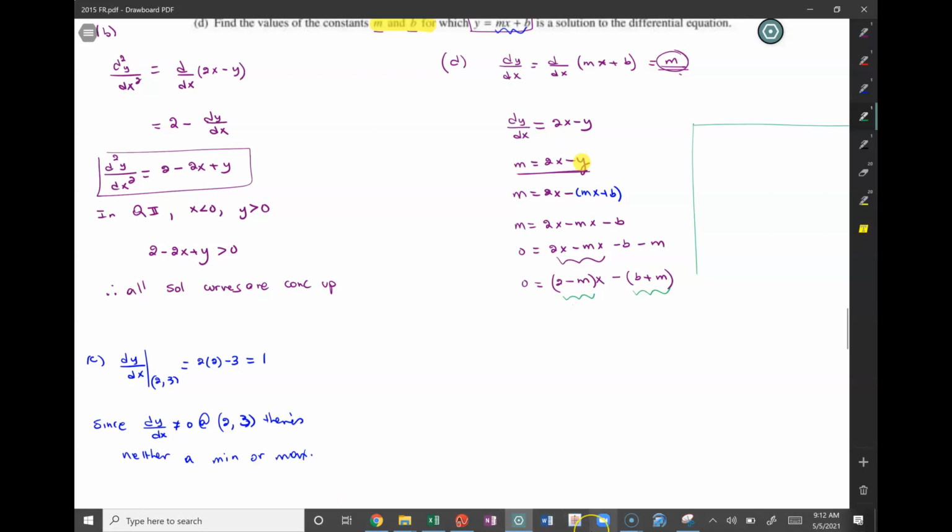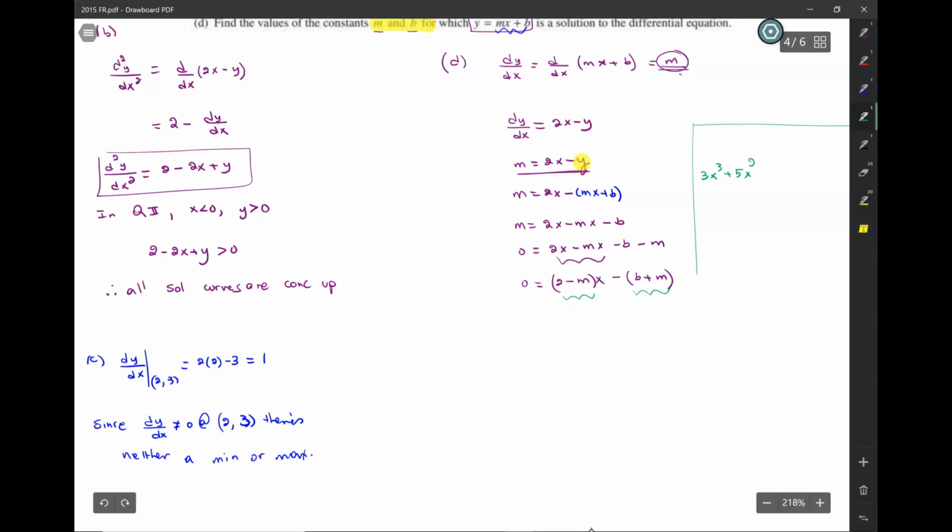We had something like 3x cubed plus 5x squared is equal to a plus b x cubed plus c x squared. And then we said, okay, the x cubed term and the x cubed term, right? Let's match the coefficients. A plus b equals 3. I do remember that. I don't remember it by name, but it's simple.